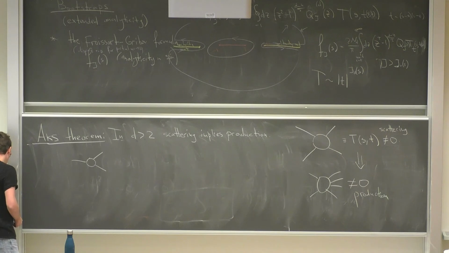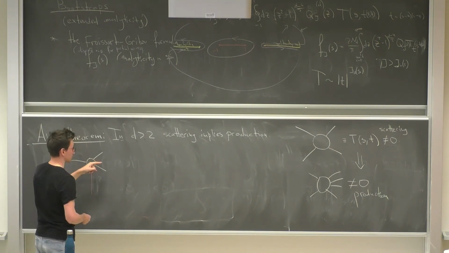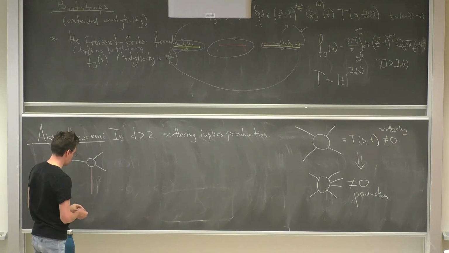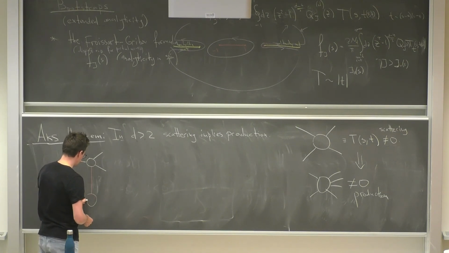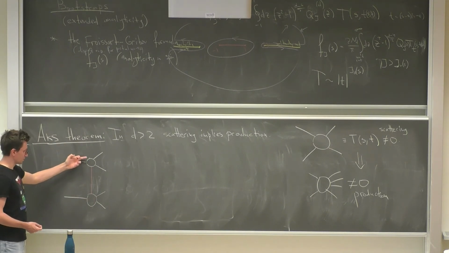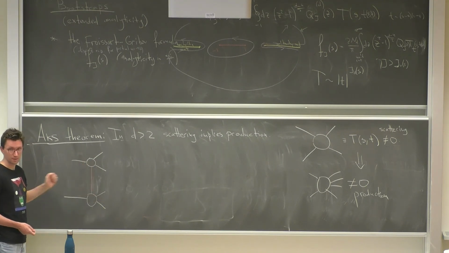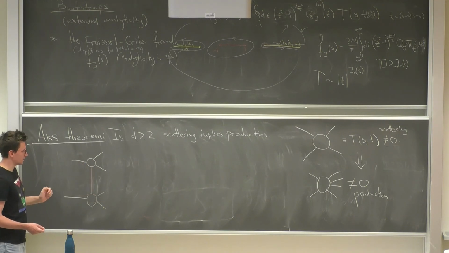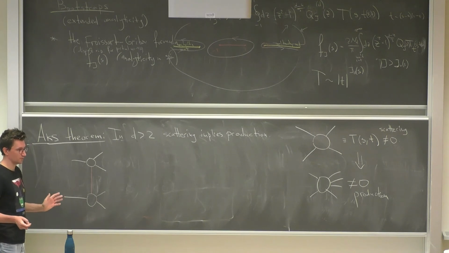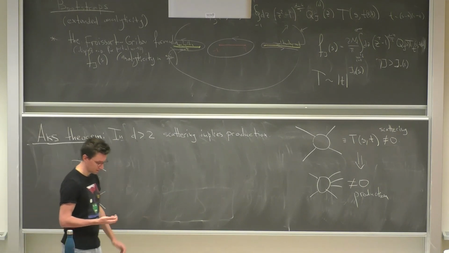I take one amplitude, this was 2 to 2, but let me make one leg virtual. And here you go. This is a process where two particles exchange one particle and generate 4. Now, the problem with that is that this is an S-matrix theory, so only on-shell things exist. There is no such thing as a virtual particle here.